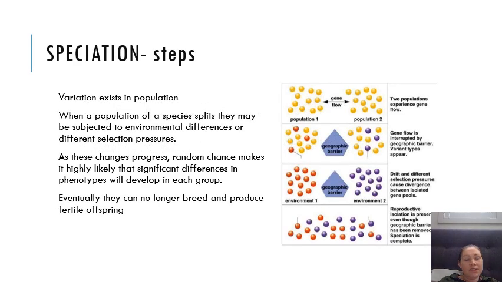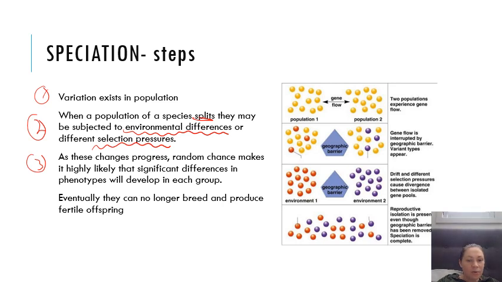We need to be able to recite the steps in speciation. So I've written them down here for you. In order for speciation to occur, the first thing that we need to note is that variation exists within a population. By the way, this is a common exam question. When a population of a species splits, there may be different environmental pressures or environmental differences which lead to different selective pressures.